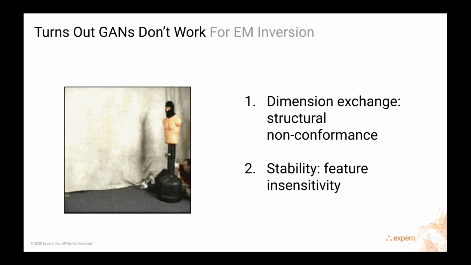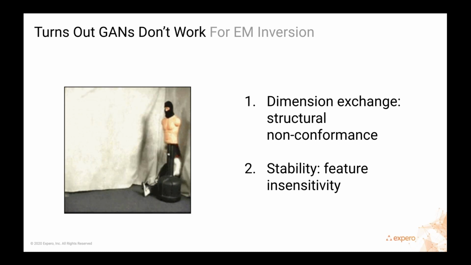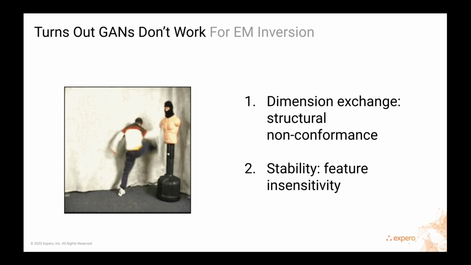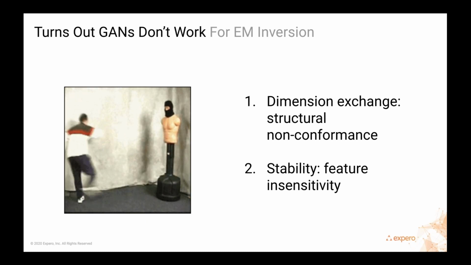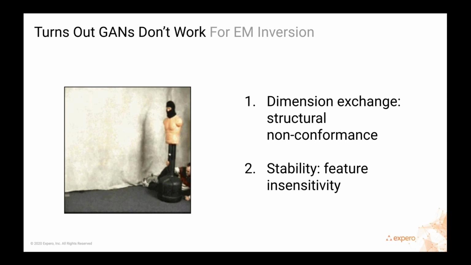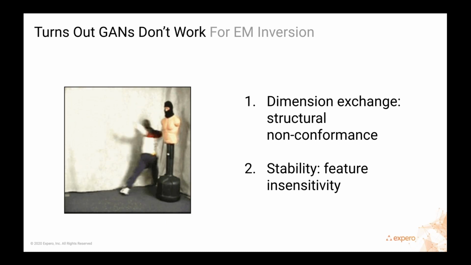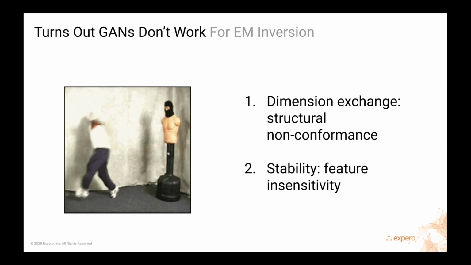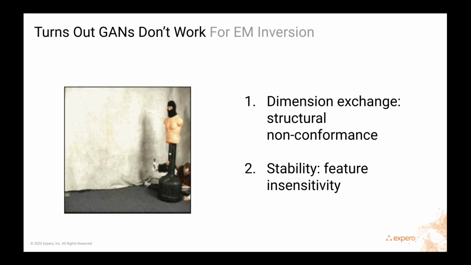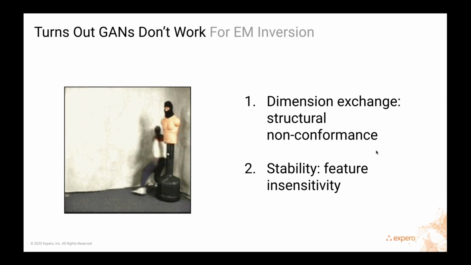Again, we saw that EM data before, and it didn't look anything like a 3D model, right? The actual structure in that image doesn't look like the structure in the 3D image in the output. That's critically important. And there is a sort of large insensitivity problem with relationship to stability in GANs. So GANs are notoriously difficult to stabilize.